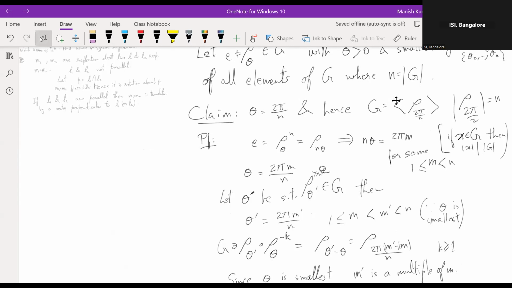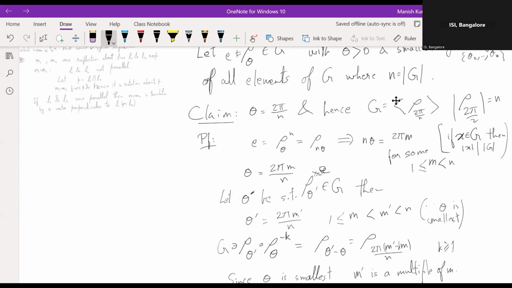Again, by the same logic, if we compose rho theta prime n times, then we will again get identity because it's an element of G. So that tells you that theta prime is also 2 pi m prime over n, where m prime is again some number less than n, but it has to be greater than m, because theta is the smallest.